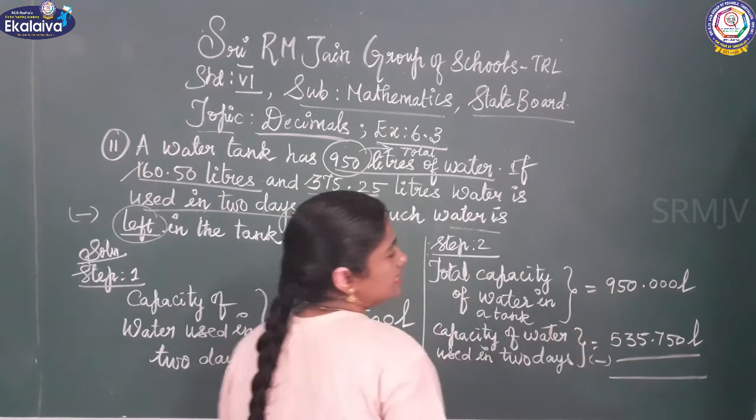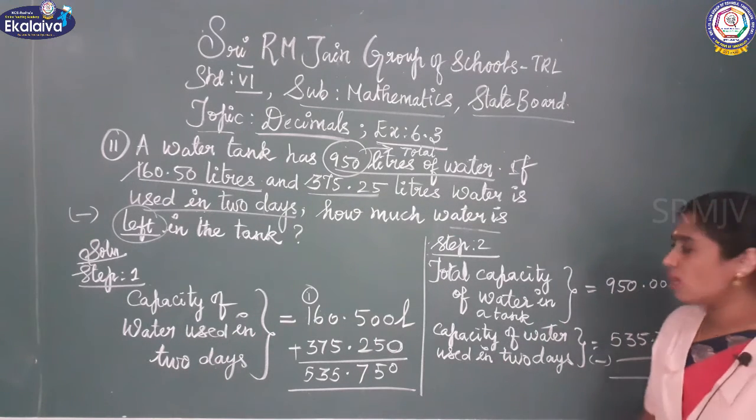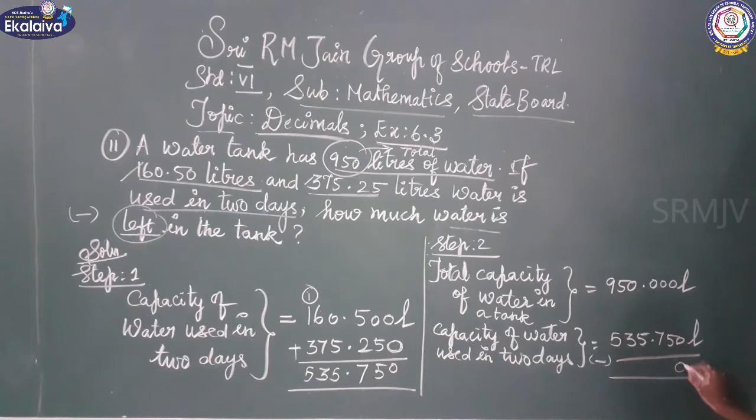Listen, 0 minus 0 is what? 0. Again you have to borrow from where? You have to borrow from 5. So this becomes 4 and this becomes 10, and this 10 is giving to 1. So 9 and this becomes 10, and this 10 is giving to 1. So 9, this is what? 10.